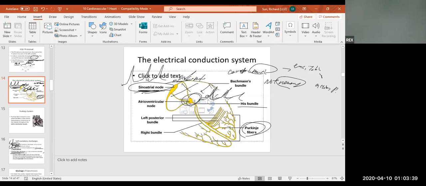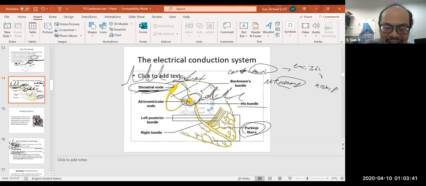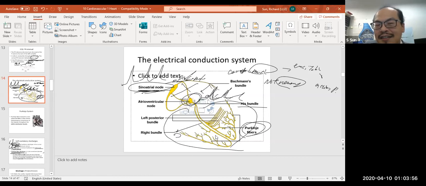Yes. Because the heart muscle cells are connected. As long as one of the cells gets excited, the whole heart will get excited and can contract.